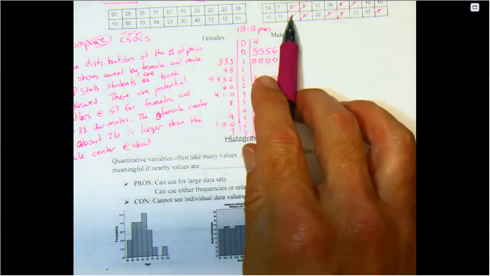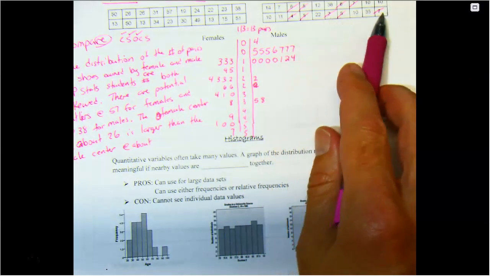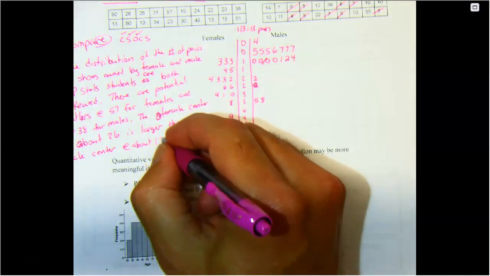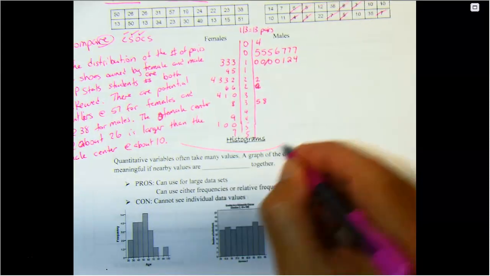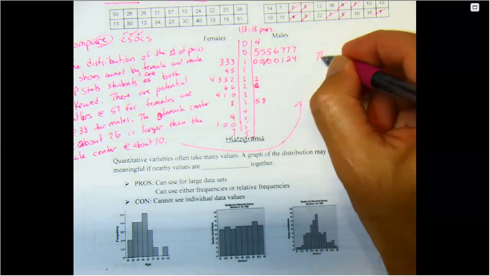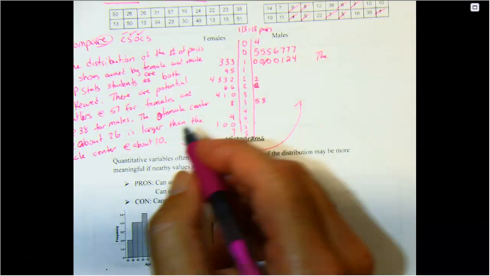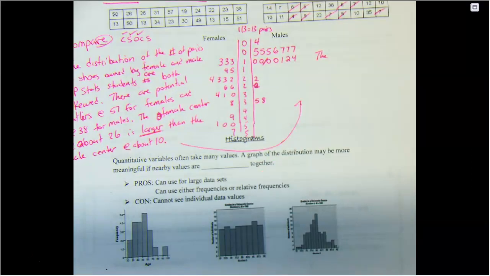We have 2, 4, 6, 8, 10, 12, 14, 16, 18, 20. We got 20 males as well. So 1, 2, 3, 4, 5, 6, 7, 8, 9, 10. Well, there it is. Fell right in there. That is about 10. So again, we use that ER word, larger. So we got to make sure we get that word in there.